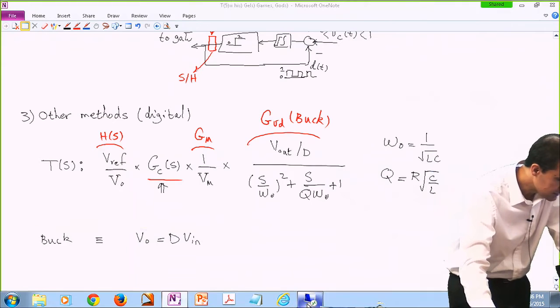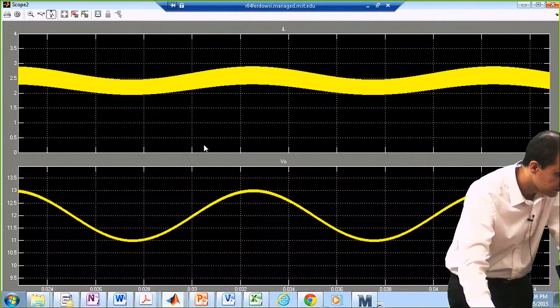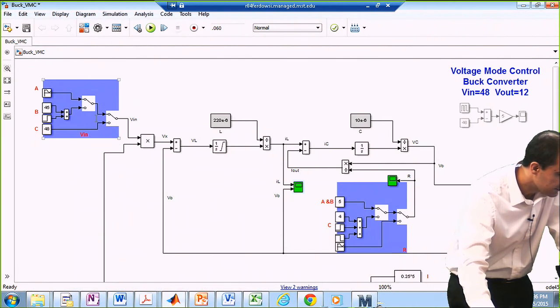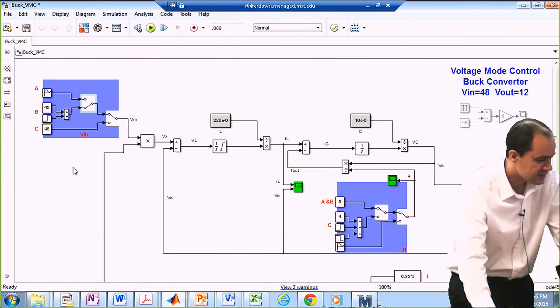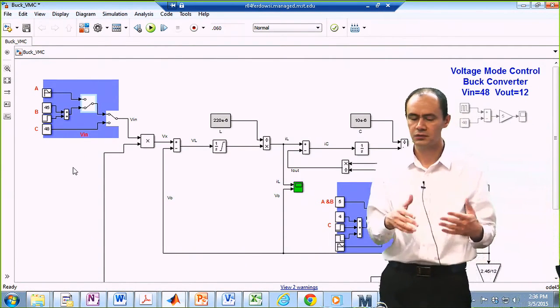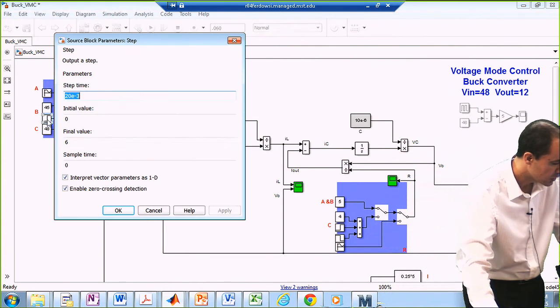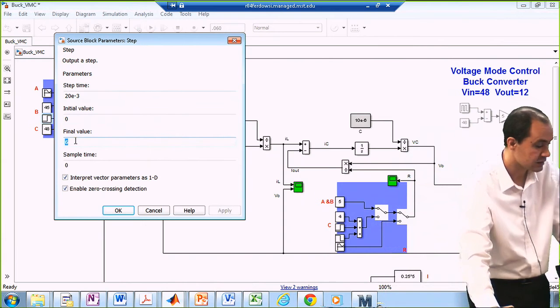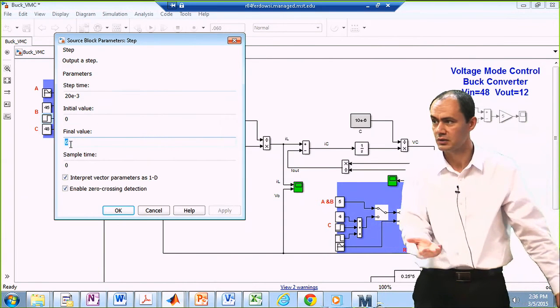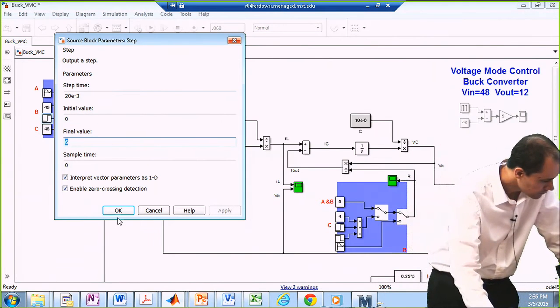Now, something that is not simple to imagine is, okay, before I do that, let me also show you what happens if I have a step change in my input voltage. All of a sudden, for instance, my input voltage jumps from 45 to 45 plus 6 at 20 milliseconds, something like that. Just randomly jumps up.